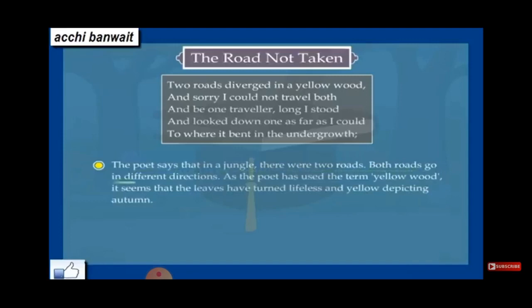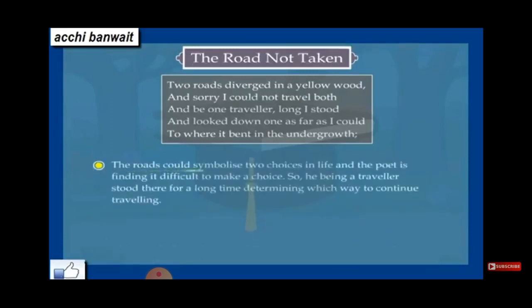Both roads go in different directions. As the poet has used the term yellow wood, it seems that the leaves have turned lifeless and yellow, depicting autumn. The poet feels sorry because he alone cannot travel on both roads. The roads could symbolize two choices in life, and the poet is finding it difficult to make a choice.